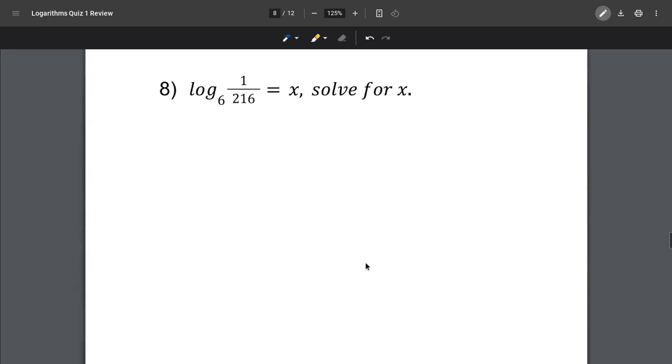Okay, problem 8. Log base 6 of 1 over 216 equals x. So let's write this in exponential form. So I'm going to do 6 to the x power equals 1 over 216. So first off, I want to figure out how many 6's I need to multiply together to get just regular 216. So if I do 6 times 6, that's 36.